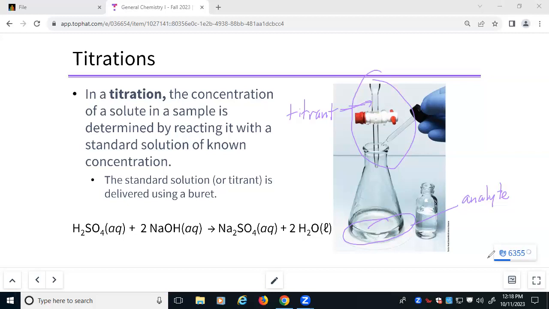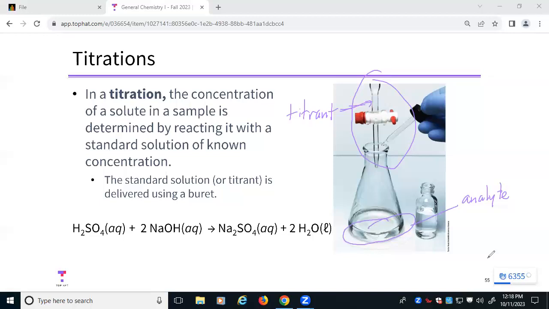Now, the problem with titrations that we always run into, even though we generally get really good results with titrations in terms of our glassware is usually very precise. So we usually get a minimum of 2 decimal places. And depending upon the amount of analyte, the amount of titrate that we use, we get anywhere between 3 and 4 significant figures with each one of our measurements. So that's pretty precise stuff when we are looking at this kind of broadly.